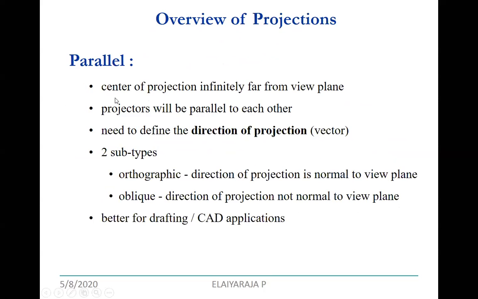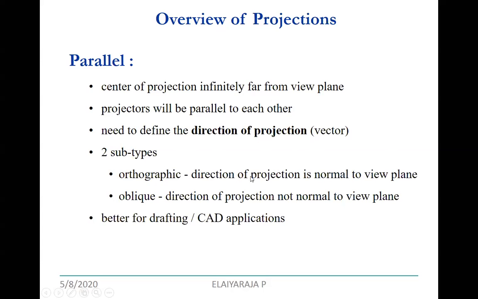In parallel projection, the center of projection is infinitely far from the viewing plane, with respect to the viewing axis. So the projectors will be parallel to each other on this particular viewing plane. For that, you have to define the direction of the projection. With respect to that, we have two different types: one is orthographic, another one is oblique.